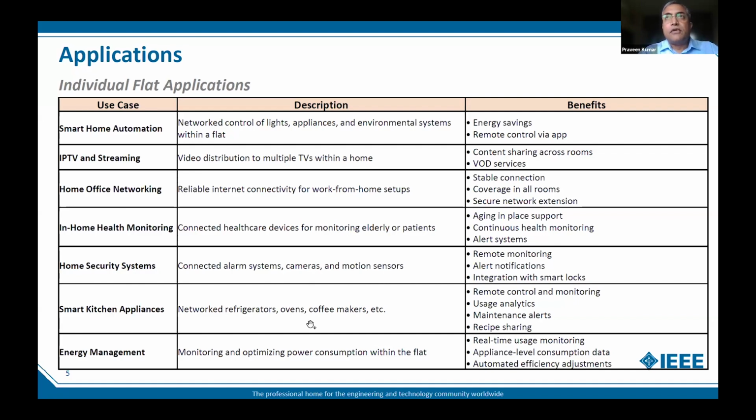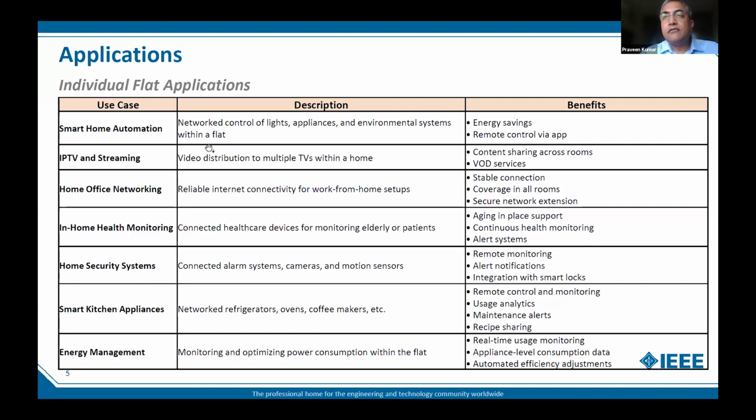Even in home automation like light and fan control, you need not have all the appliances PLC enabled. The switchboard can be enabled with PLC, and through the switchboard itself, switching on or off can be controlled using PLC.